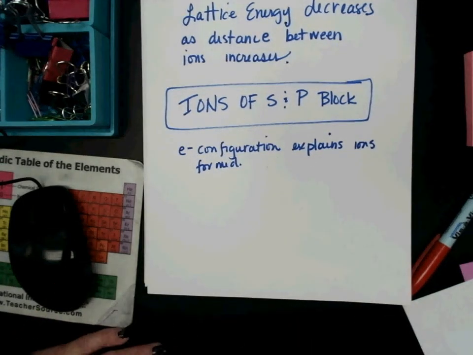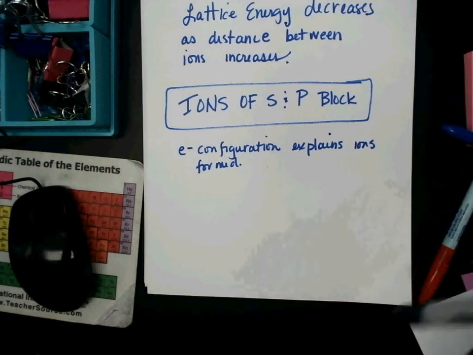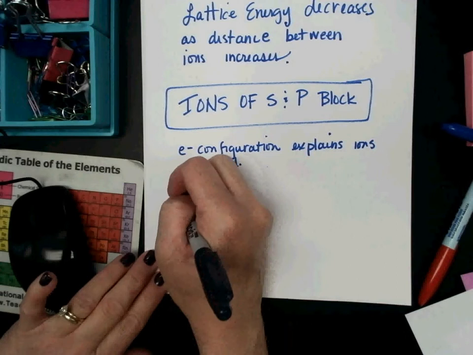And we've talked about that a lot, so that's not like anything new. That happens really nicely in the S and P block. We looked at that, we use them a lot.